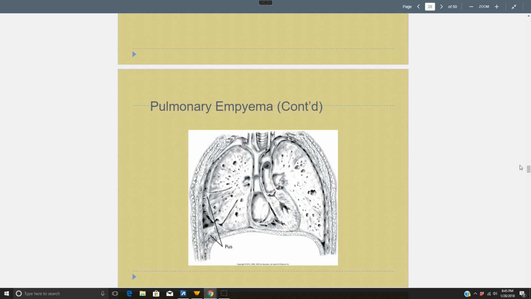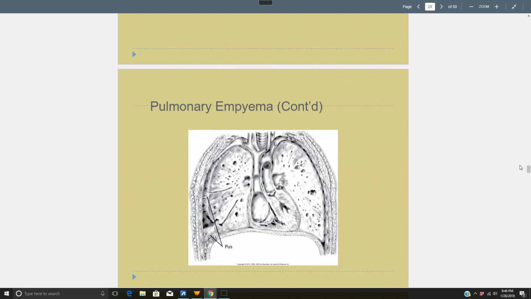The tube will finally be removed when the lung is fully expanded and the infection is under control. If it's that bad, a patient may need chest surgery if the pus is very thick or there is excessive pleural thickening. Okay, so that's what we would see.